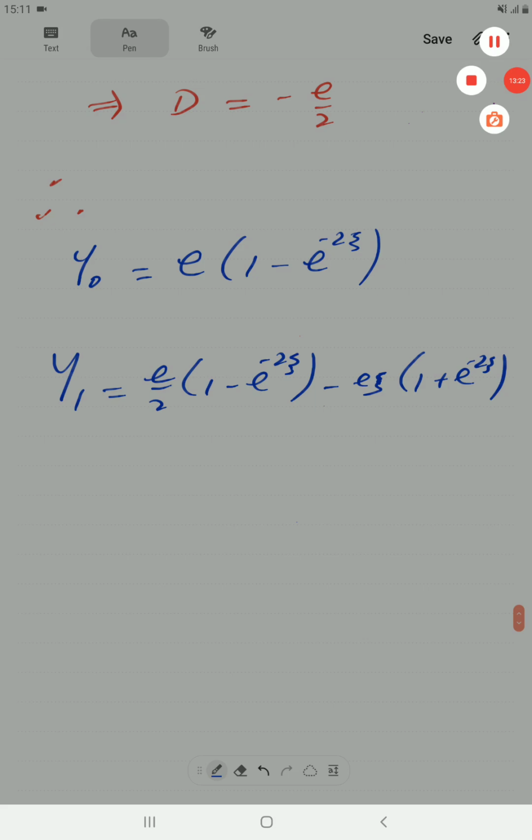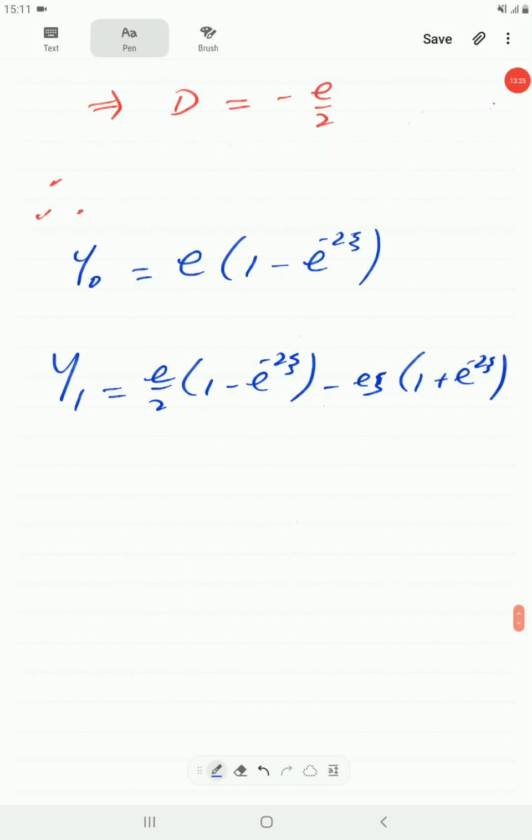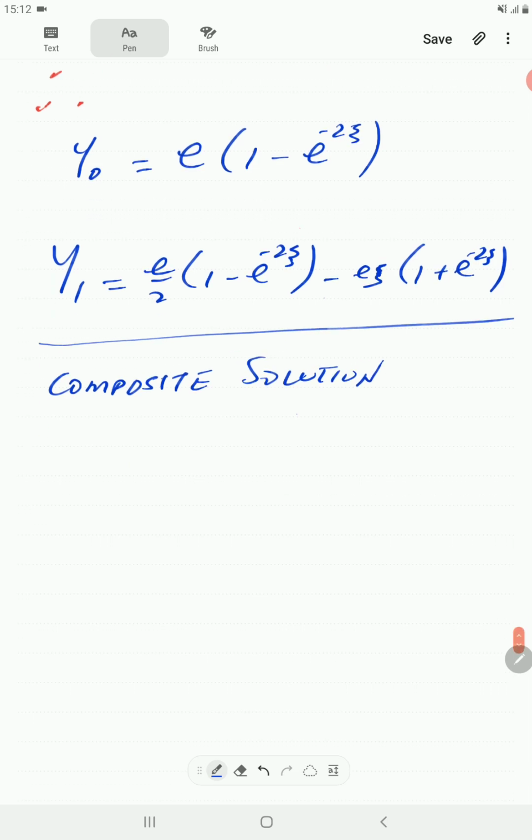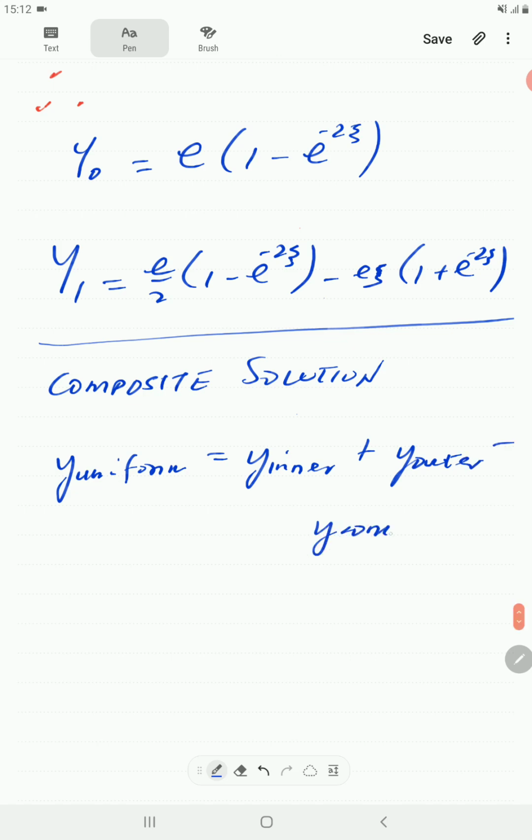The next thing we need to do is to find a uniformly valid solution or composite solution. So we derive this using the following equation. So y uniform is going to be equal to y inner plus y outer minus y common.